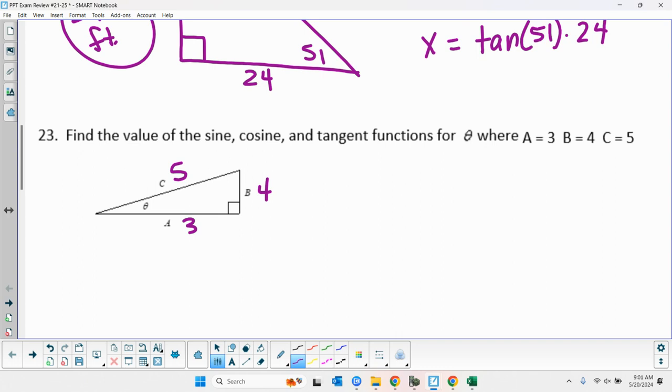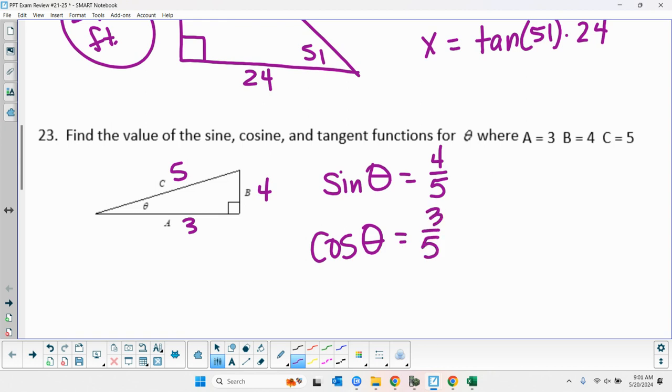So sine of theta is opposite 4 over hypotenuse 5. Cosine of theta, adjacent 3 over hypotenuse 5. And then tangent of theta, TOA, here's theta, opposite 4 over adjacent 3.